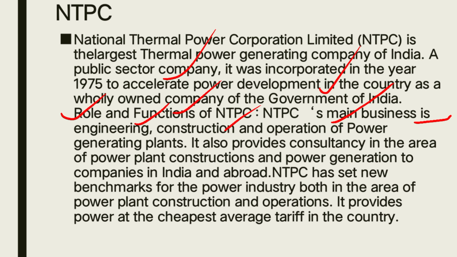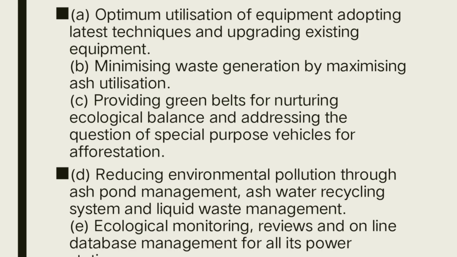The NTPC has set a benchmark, a standard for the power industry, both in the area of power plant construction and operation. It provides power at the cheapest average tariff within the country. Very cheap generation. What all steps are to be followed to reduce the pollution?